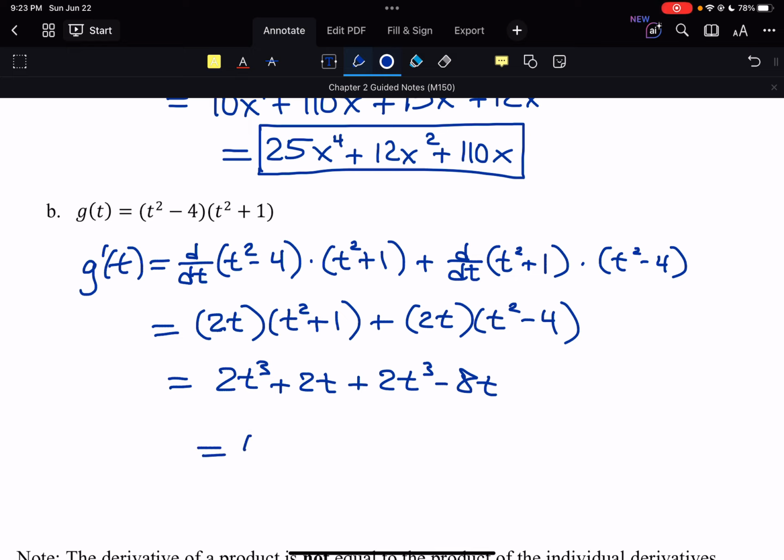So we get 4t cubed minus 6t. Okay, or some equivalent version of that. You could factor out an extra 2t if you wanted to kind of break it apart a little bit, but we certainly don't have to do that.